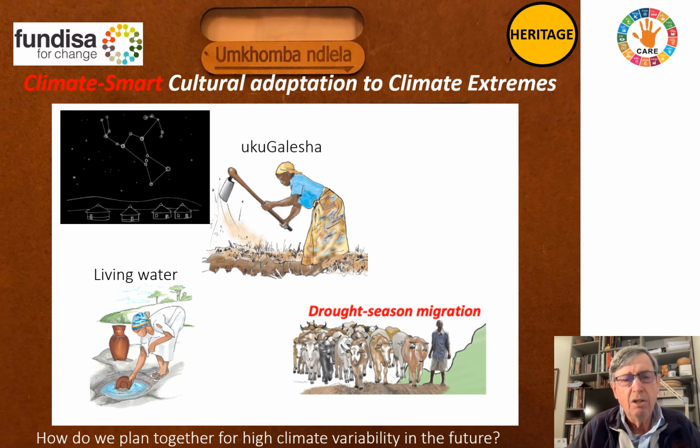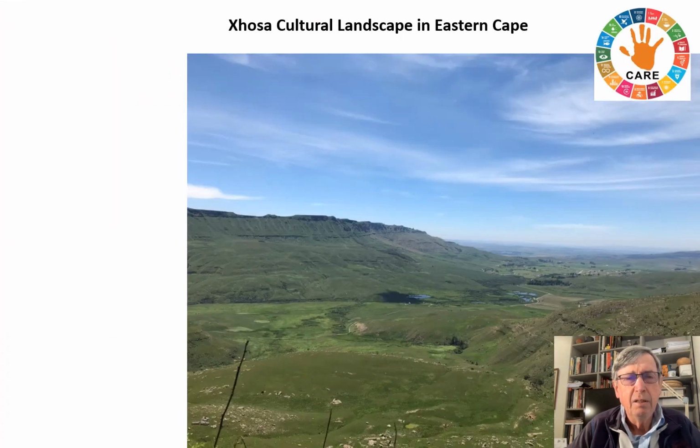Does this knowledge of the past enable us to begin to look at the cultural landscapes of the Eastern Cape, here of the Xhosa, and be able to say something about these landscapes that the colonials thought were natural, and they contrasted them with culture, and then culture became the problem of destroying the natural landscapes.